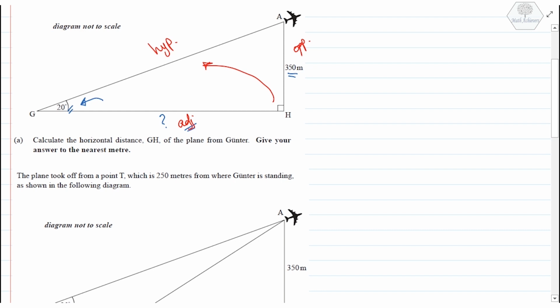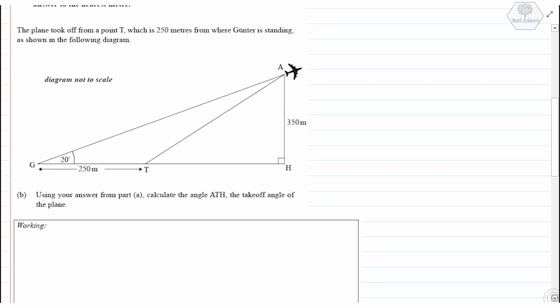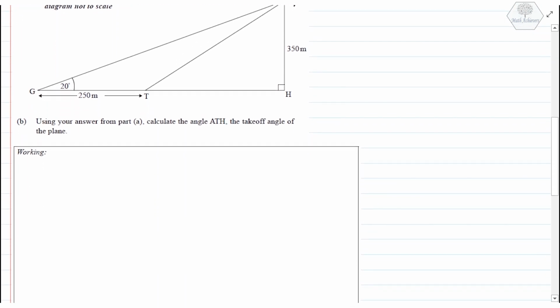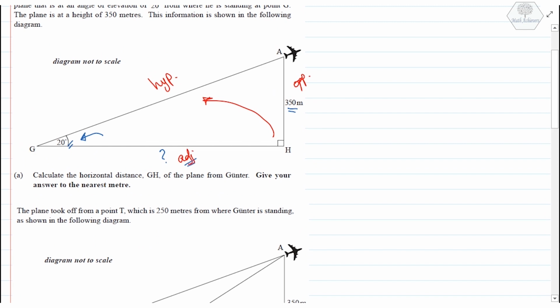So I will use tan 20 is equal to opposite over adjacent. So now for part A, tan 20 is equal to the opposite, which is 350, over the adjacent, which is GH.